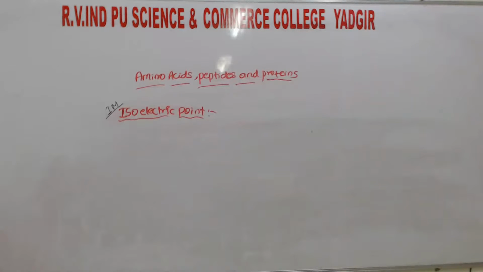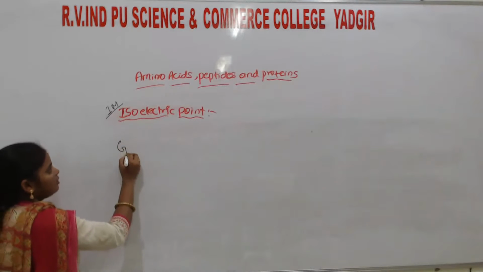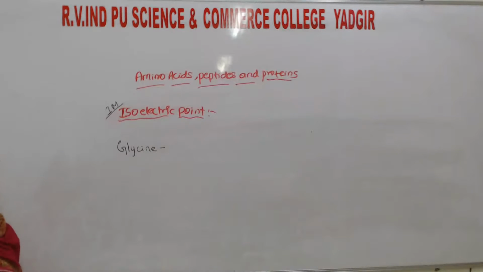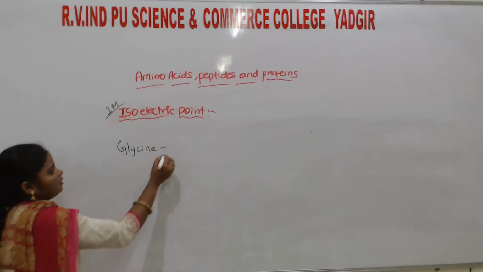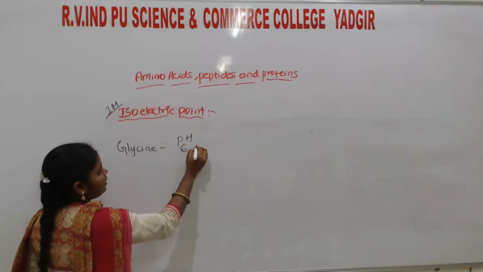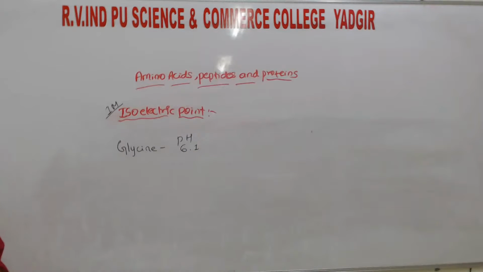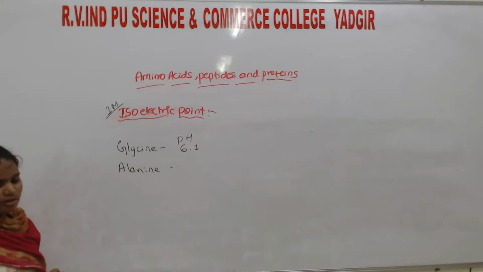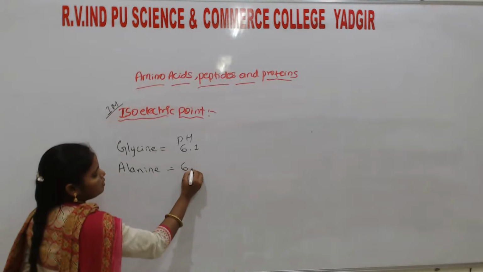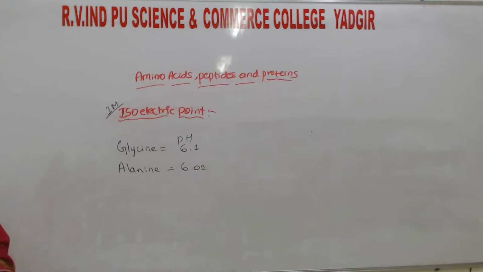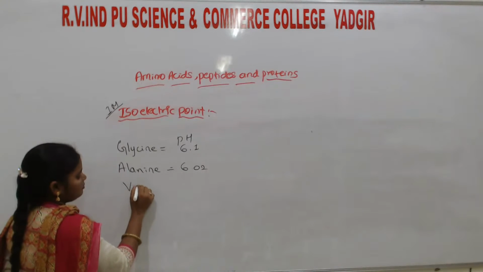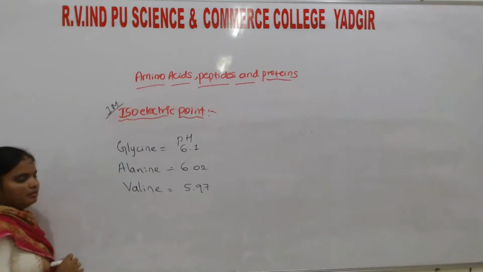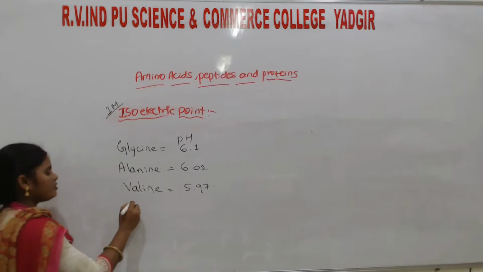The isoelectric point of glycine is pH 6.1, alanine is 6.02, valine is 5.97, and serine is 5.70.